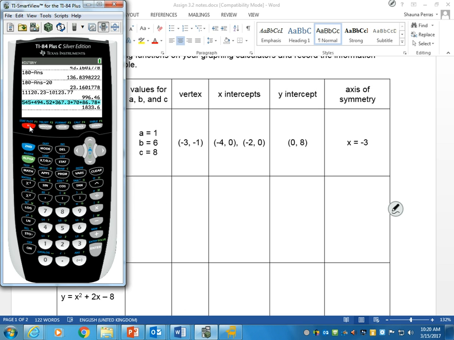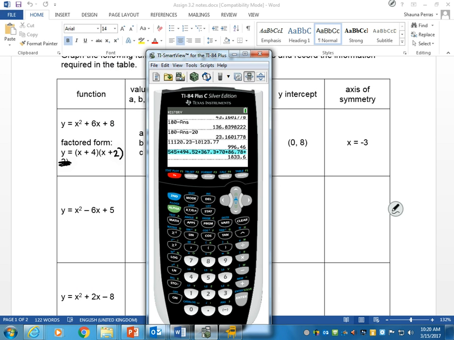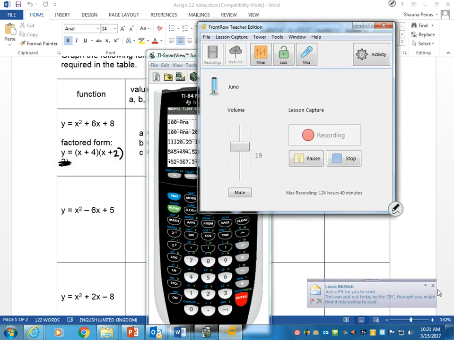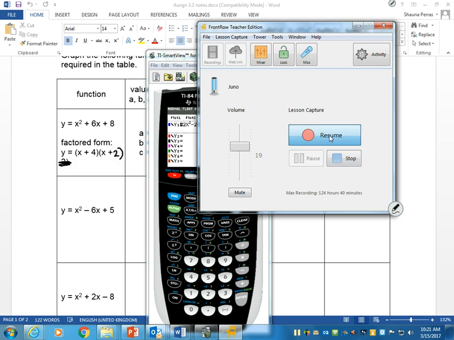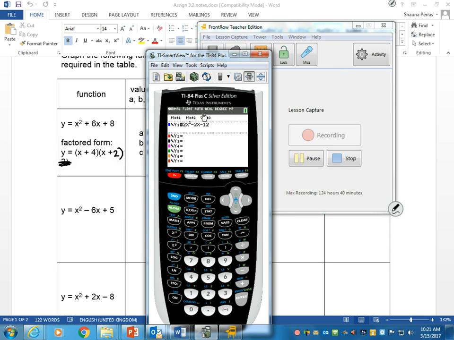In our y equals, I'm just going to clear here. So in our y equals, we're going to clear all of these right now, and we're just going to have y1, y2, y3, and it's all blank.